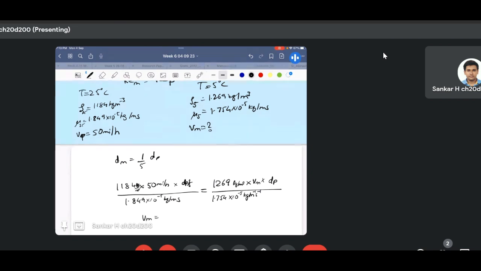From here we'll get the velocity of the model. Just by calculating, we'll get it as 221 miles per hour.